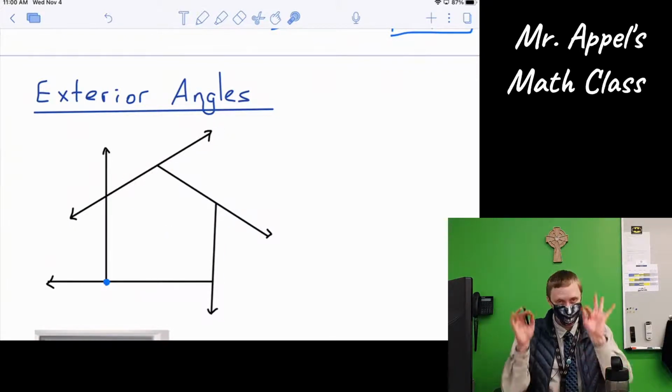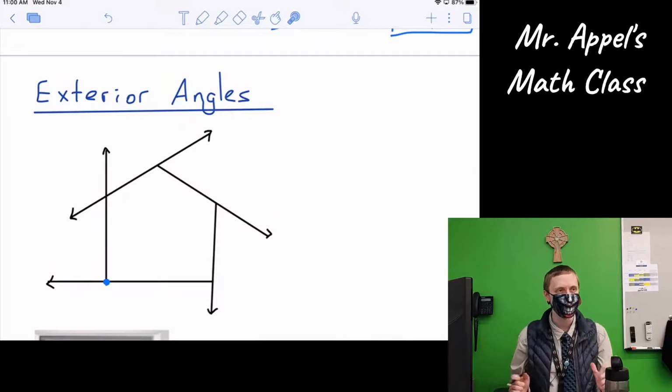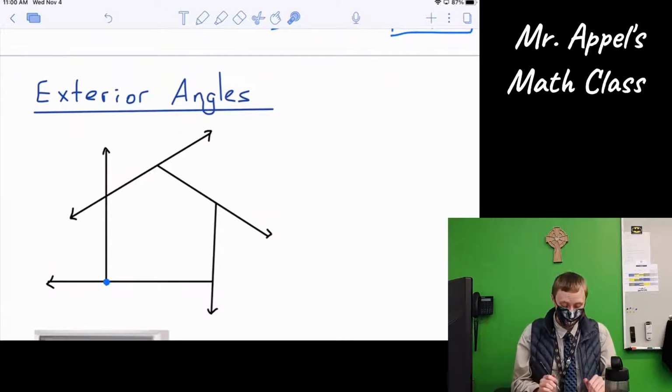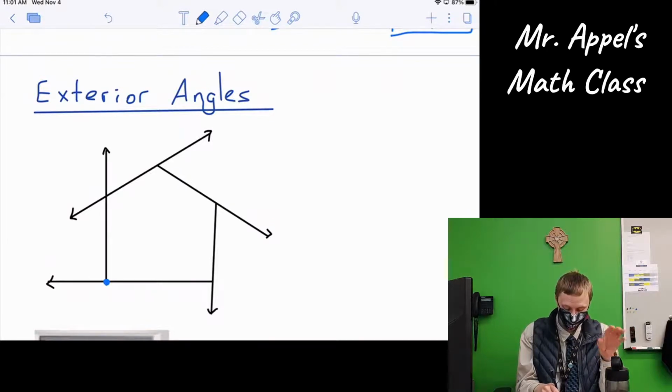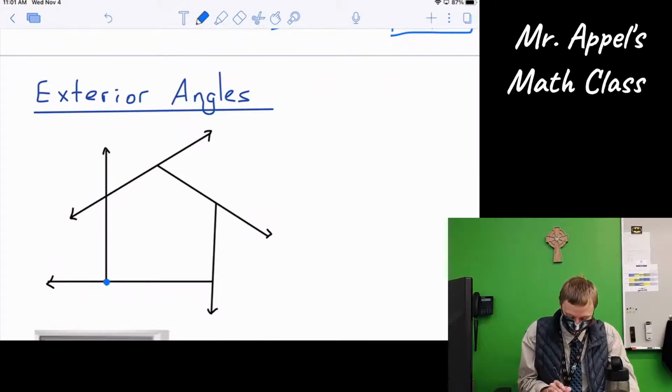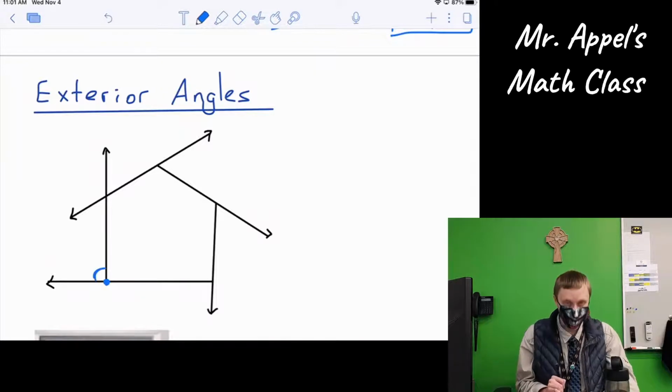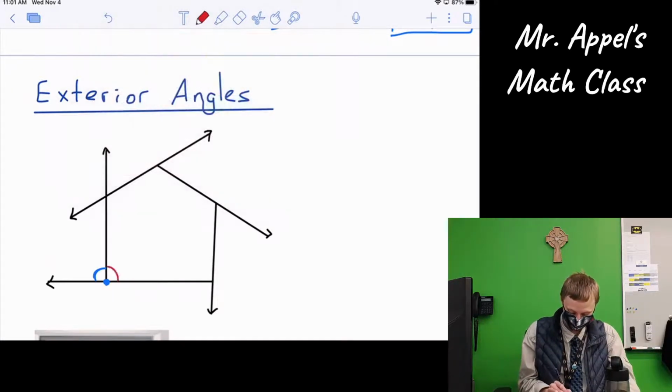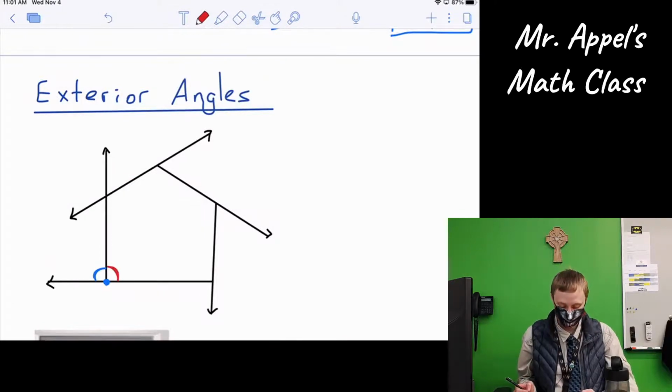It's more than just the bare minimum segments to create the pentagon. Okay? Before we get to that, let's quickly identify interior versus exterior. This angle is outside the pentagon. This angle is inside the pentagon, right?